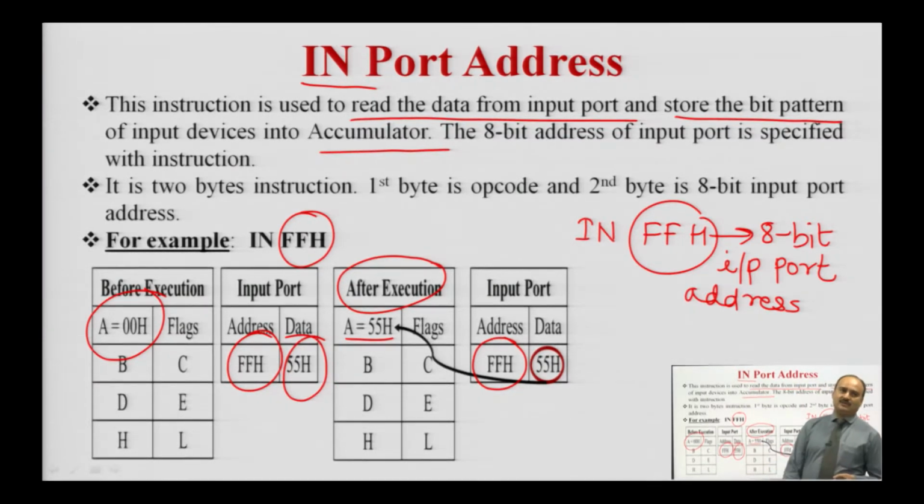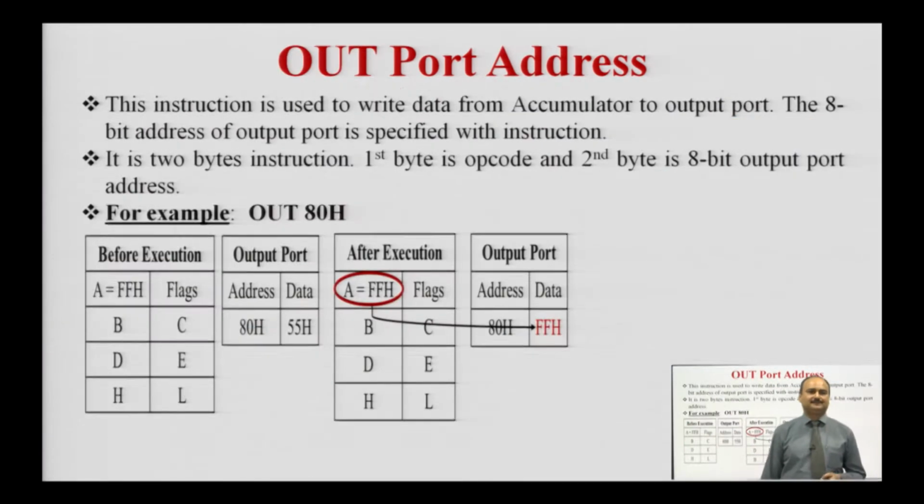So previously A equals 00, and after the execution A equals 55H. This is the job performed by the IN port address instruction. It reads the data from the input port address specified, FFH, and loads this value into the accumulator.